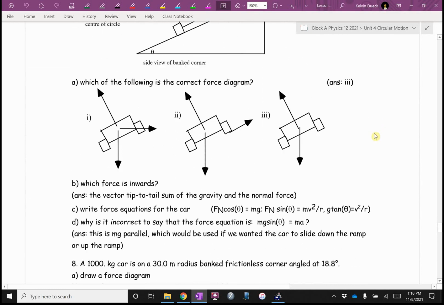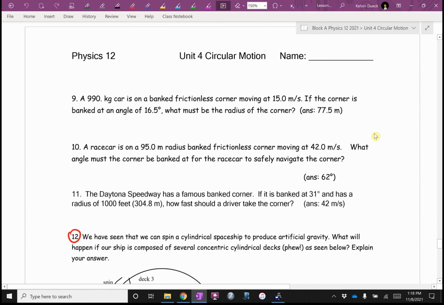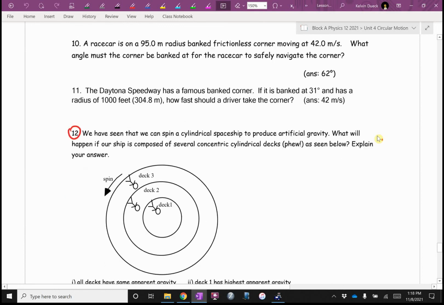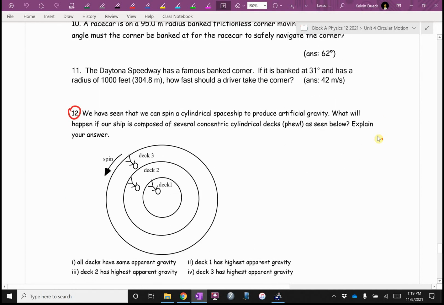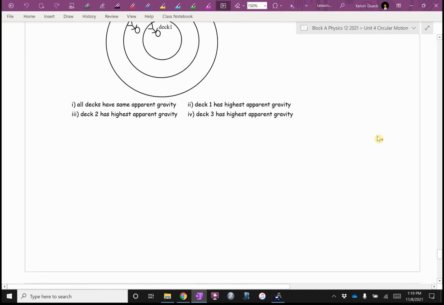You can skip 7. You can skip 8. You can skip 9. Just let me get through this. Skip 10, skip 11. 12 is good. 13 is good.